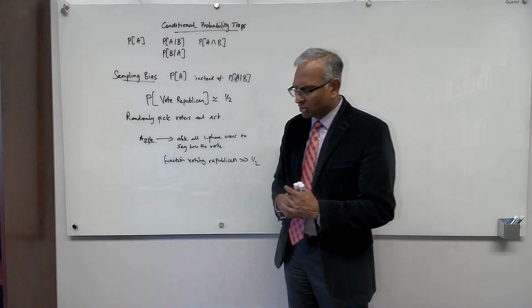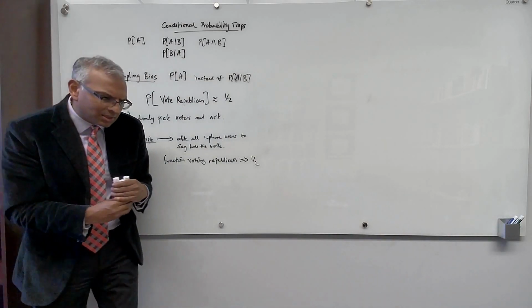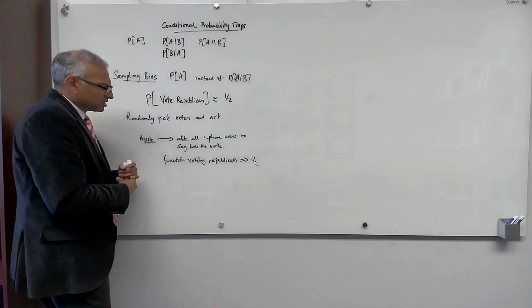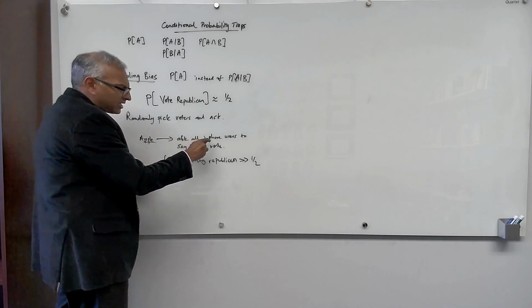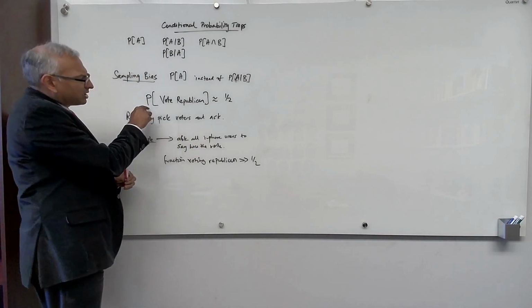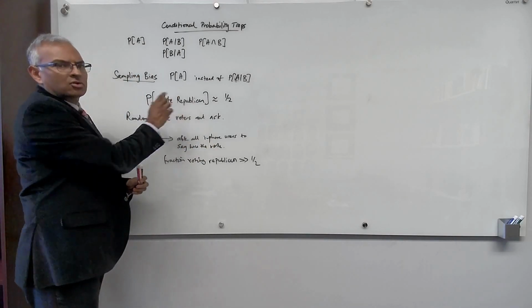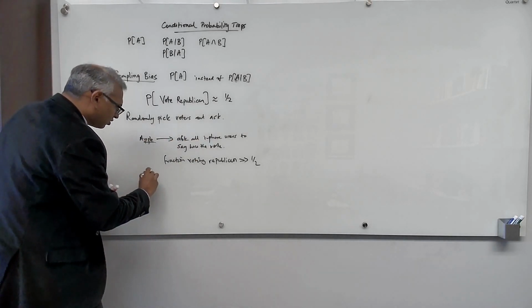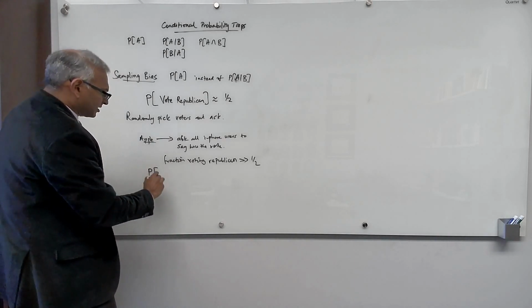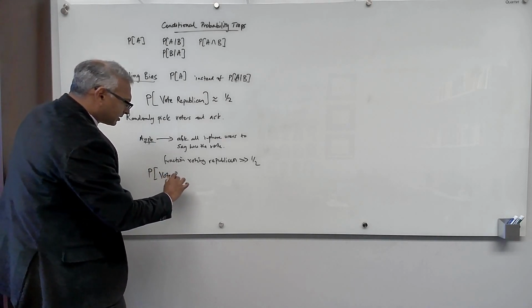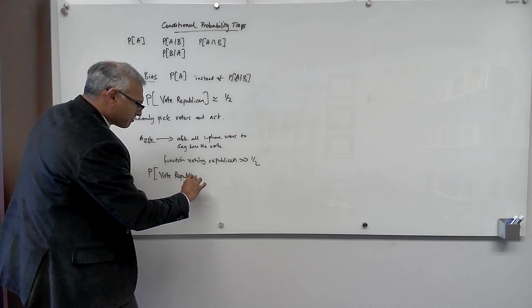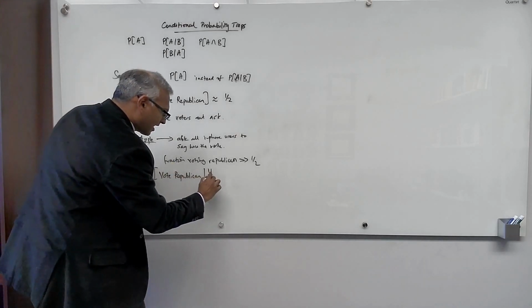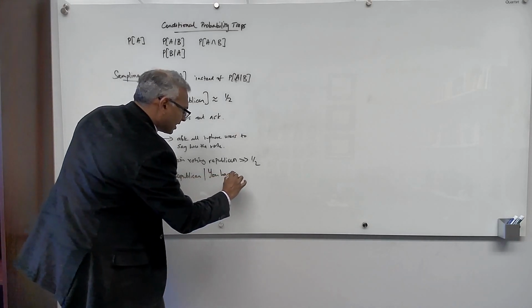No. That's because there's a very subtle piece of new information here, which is: who did you ask? You asked people who had an iPhone. So we didn't compute the probability that a random voter votes Republican. In this experiment we approximated the probability that you vote Republican given that you have an iPhone.